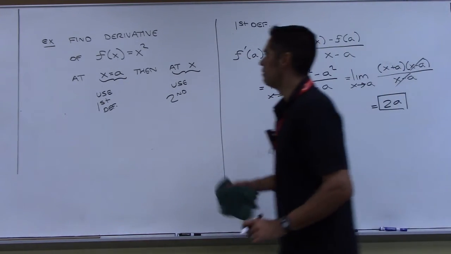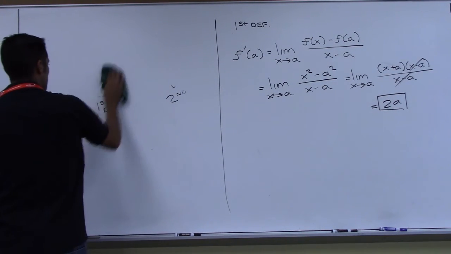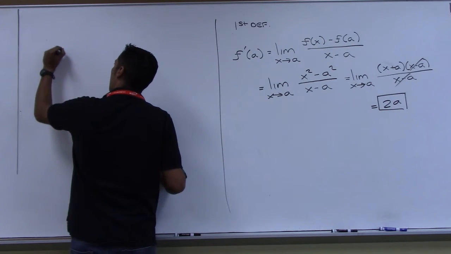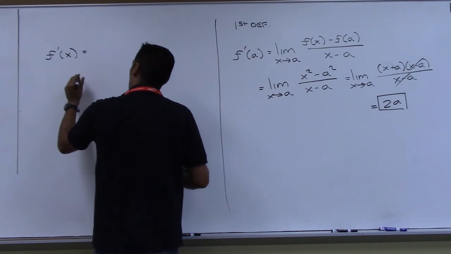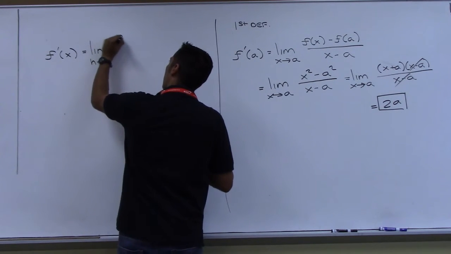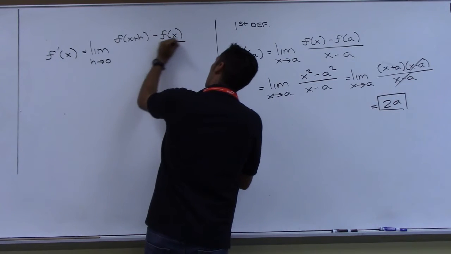The other definition says that to do this, I need to find the derivative at x. I need to do the limit, this time as h goes to 0, of f of x plus h minus f of x all over h.